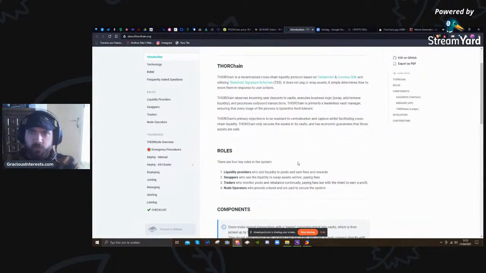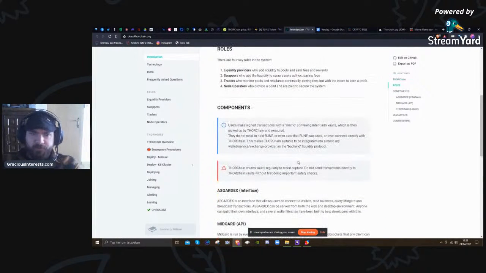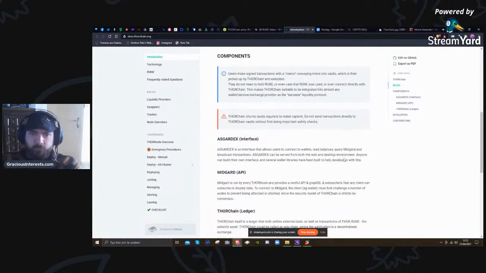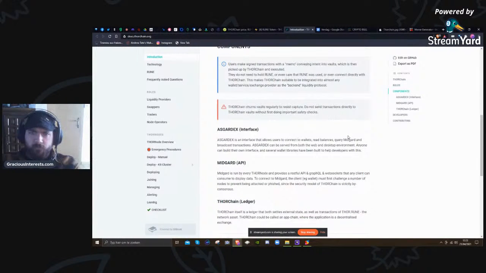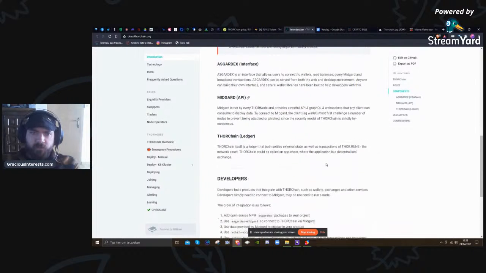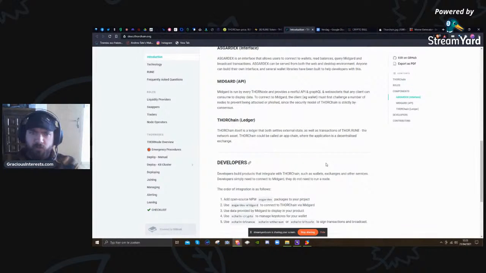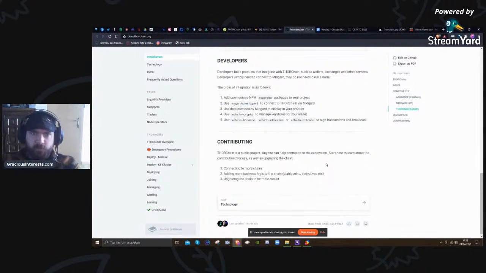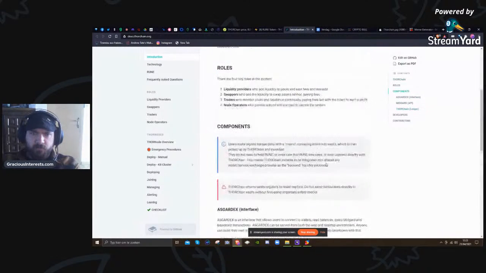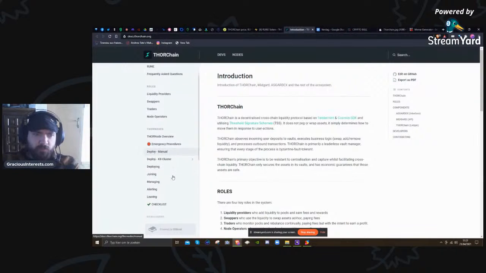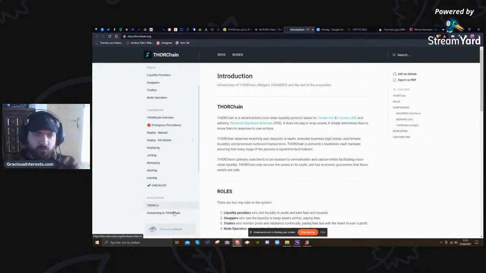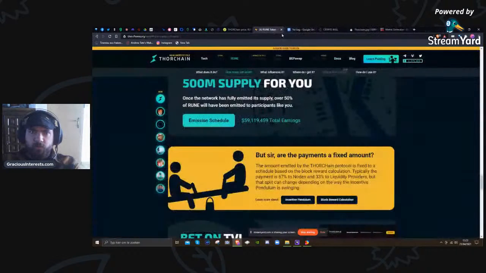I believe this is going to be the white paper. Into THORCHAIN Vanguard, first doing important safety checks, interface, Midgard API, THORCHAIN Ledger, both external side developers. Yeah, this seems to be how to set things up.